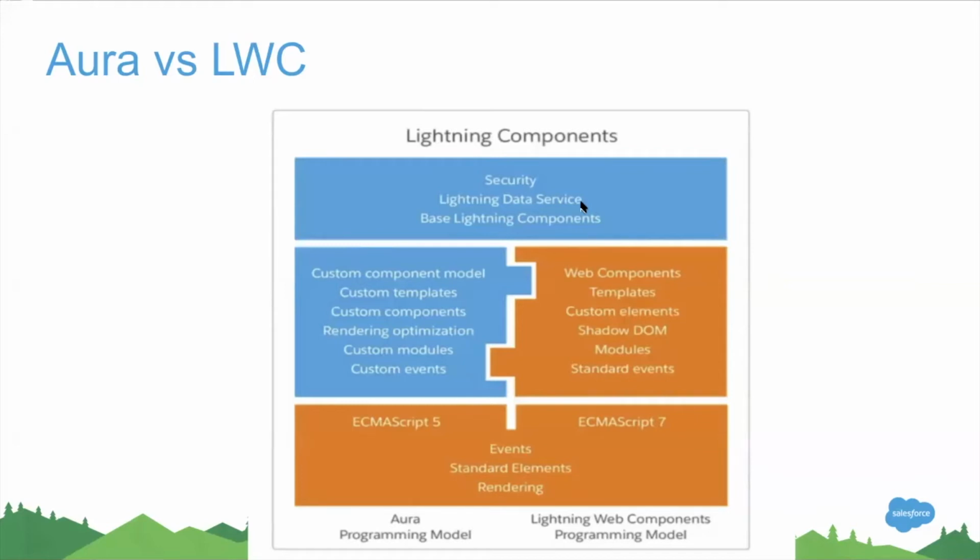So it's interoperable and they coexist. Aura is much faster than VF page because it evolved in 2014, as you remember from the evolution of UI, and LWC is much faster than Aura because the web browser is taking care of most of our things.